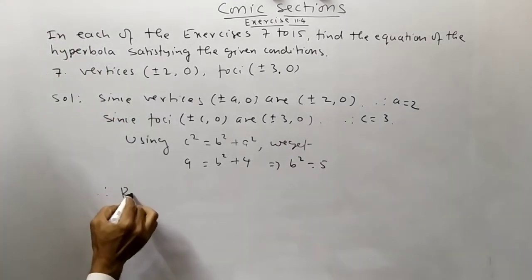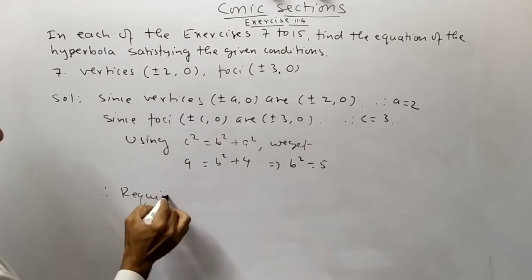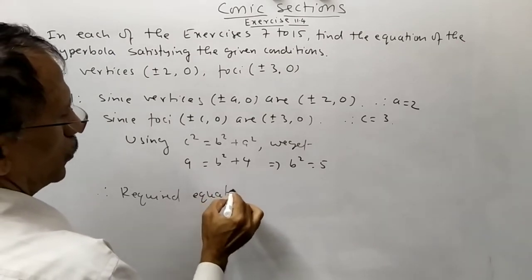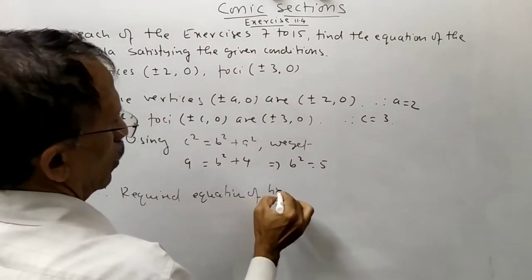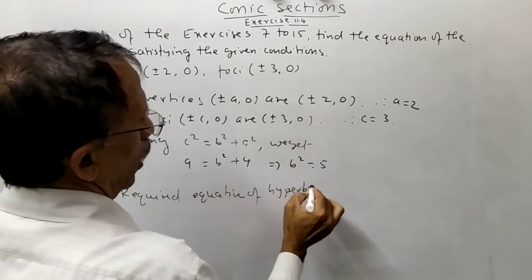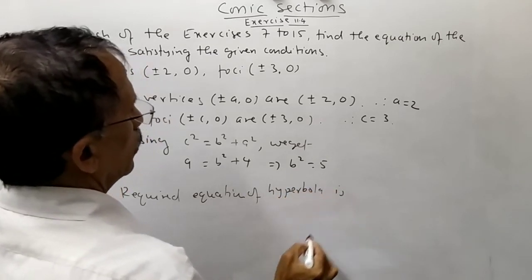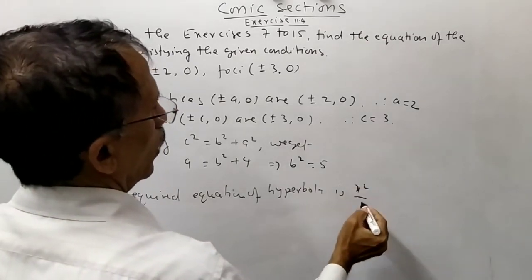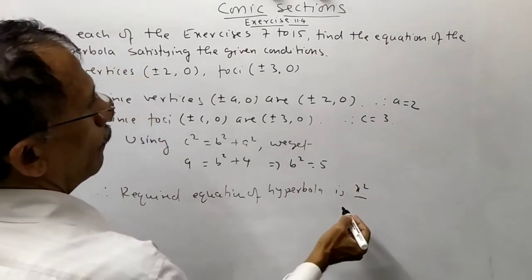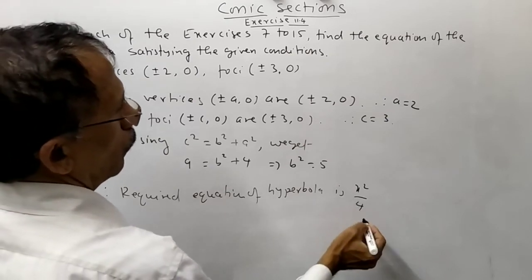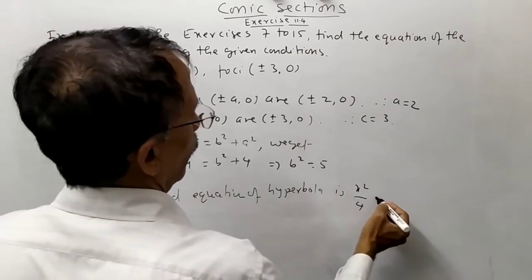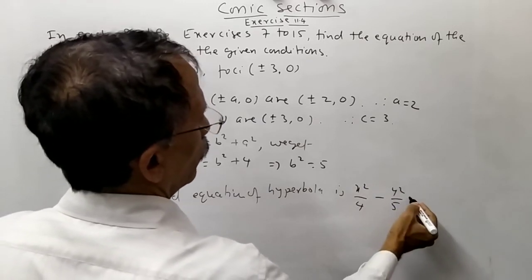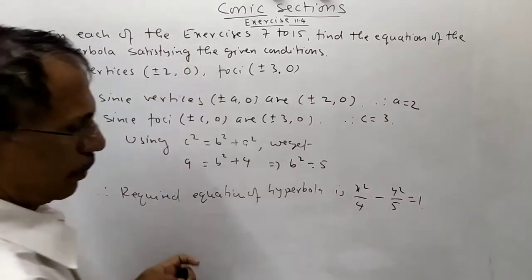Therefore, required equation of hyperbola is x square divided by 4 minus y square divided by 5 is equal to 1.